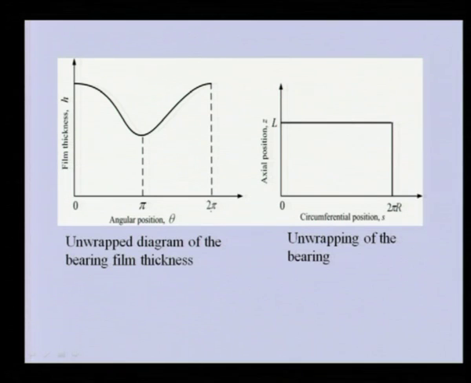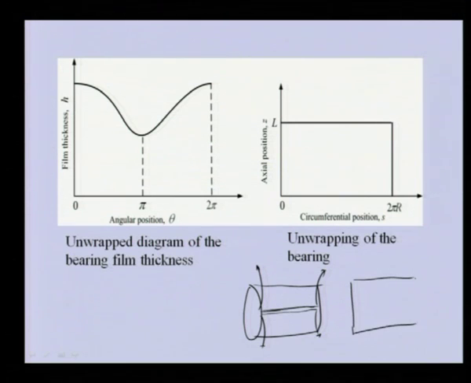So, we can see that if we have this cylindrical shape of the cylinder, and if we cut this in one portion, if we cut from here and unwrap it like this, you can see that we will get a rectangle shape, and let us say this is the circumferential direction, that is S, and this is the axial direction Z.